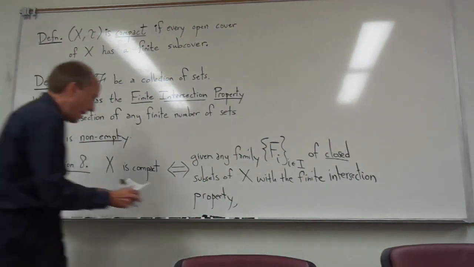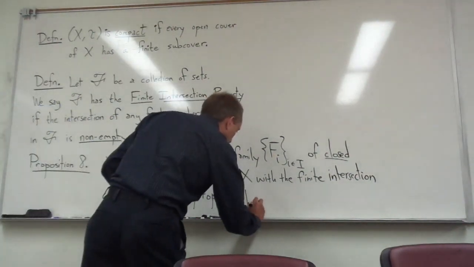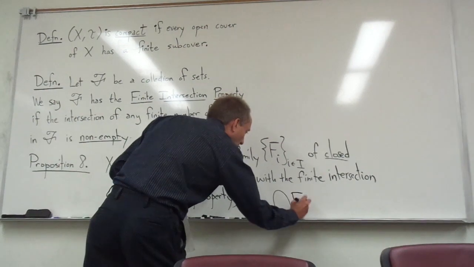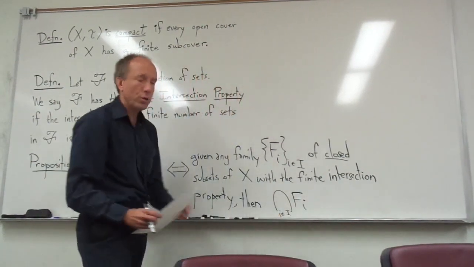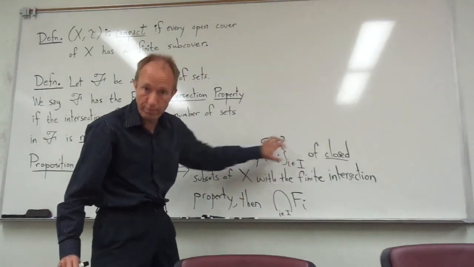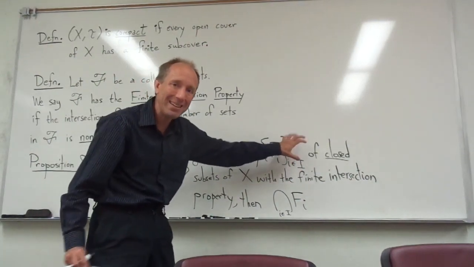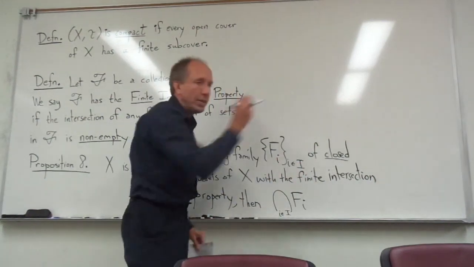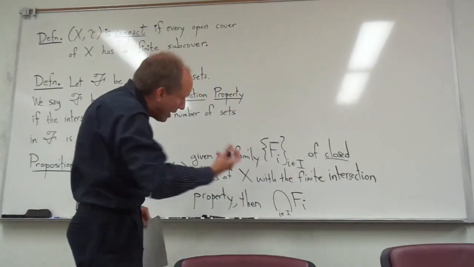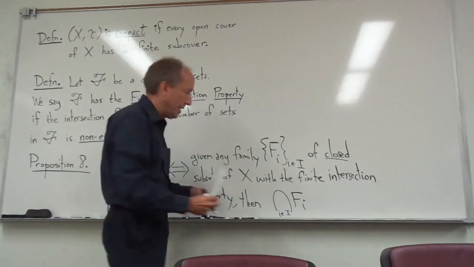Okay? Then, when you intersect all of the sets, okay? So this could be an infinite number of closed subsets of X, right? We are given that intersections of finitely many of the sets are non-empty.